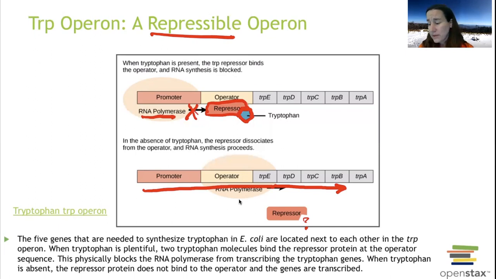So tryptophan acts as our repressor to turn off gene expression. This is a repressible operon. Tryptophan is an example of a repressible operon. It is a negative regulator.